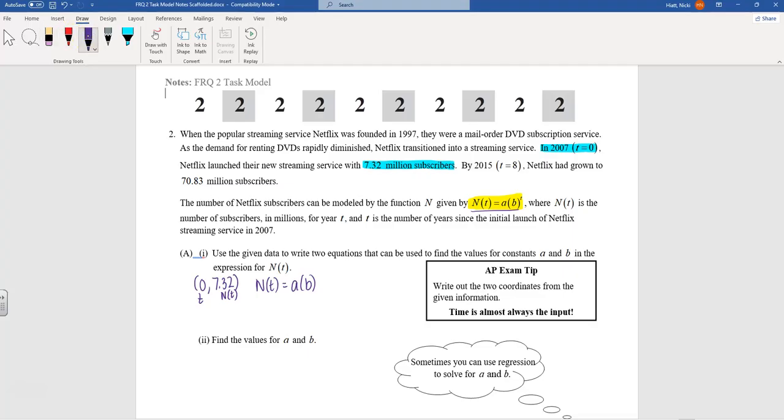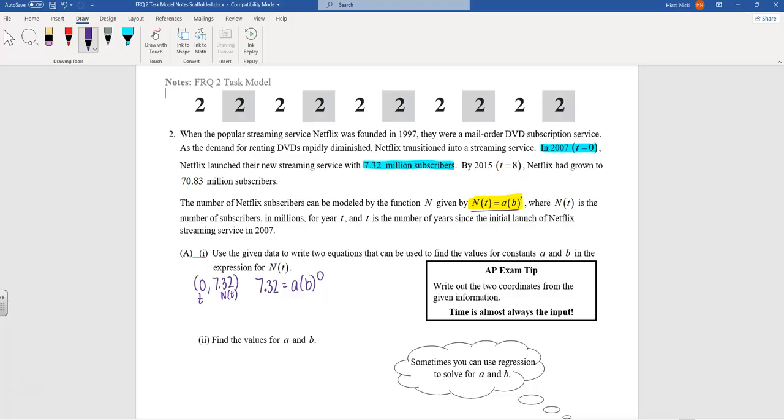So that would be a 0, right? So we're erasing the t. We're putting the 0 there. And then the n of t is 7.32. So we're erasing the n of t, the whole thing, and we're putting 7.32. You're like A, B, and possibly C. There might be a C in the problem as well. Those are the letters you want to keep in the equation, right? You want to replace it, usually a T and an N of T, P of T, S of T, something like that.